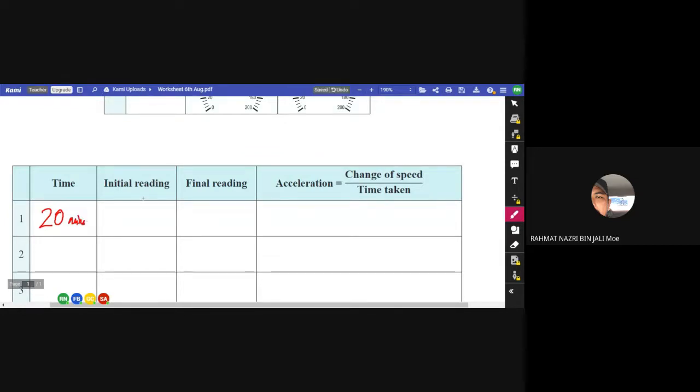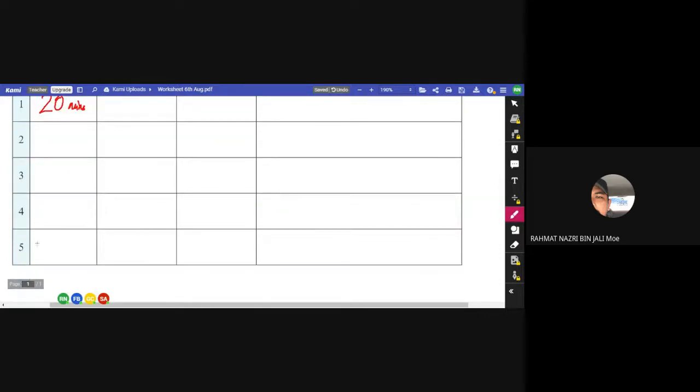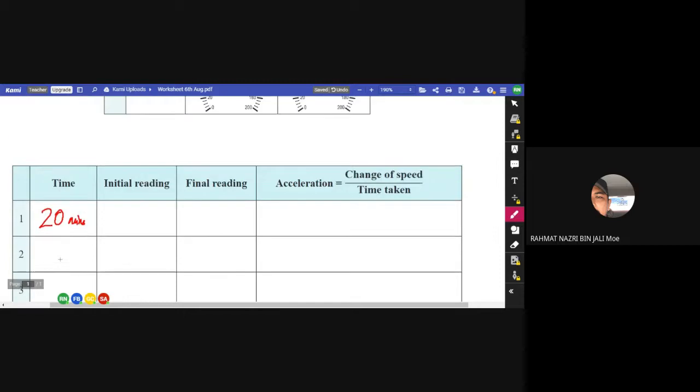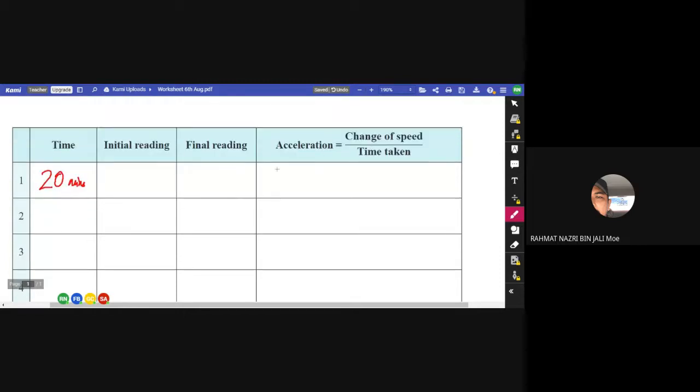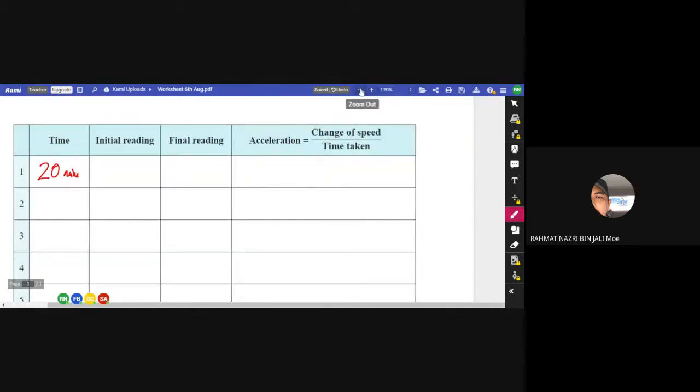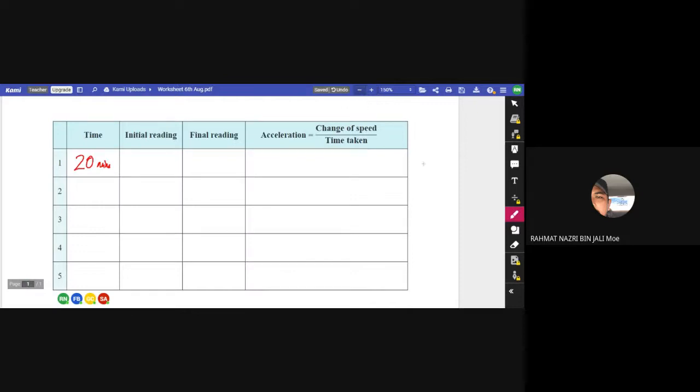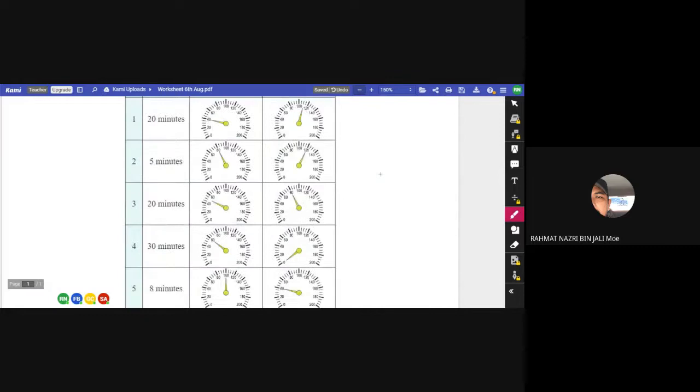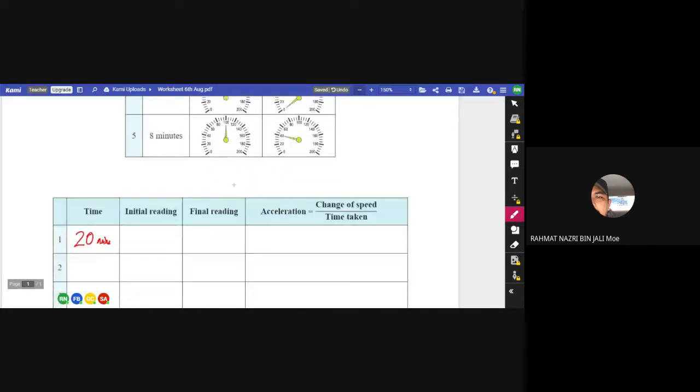Okay, everybody can copy this table, the table here with 5 readings. Boleh copy. Saya zoom out. The initial reading is 40.